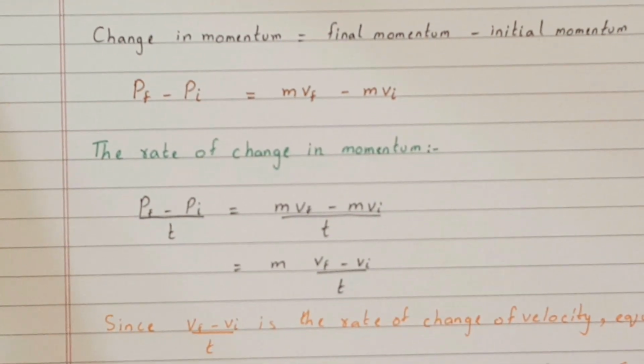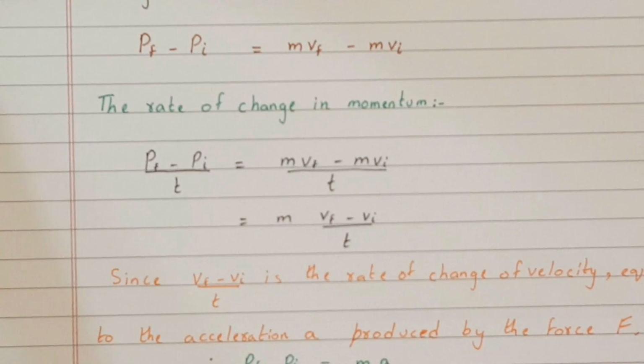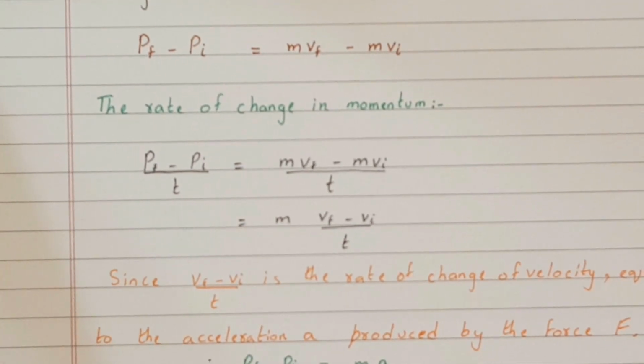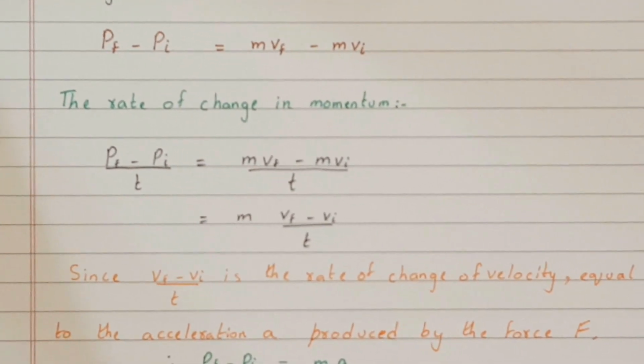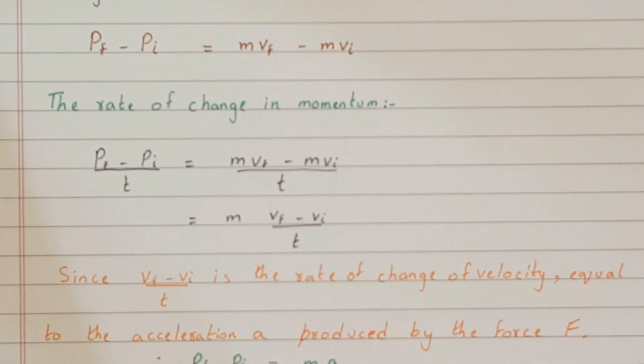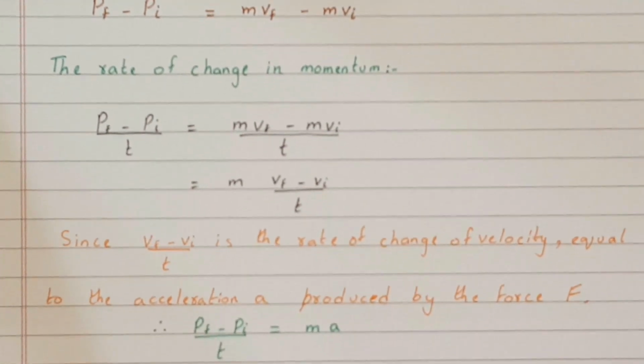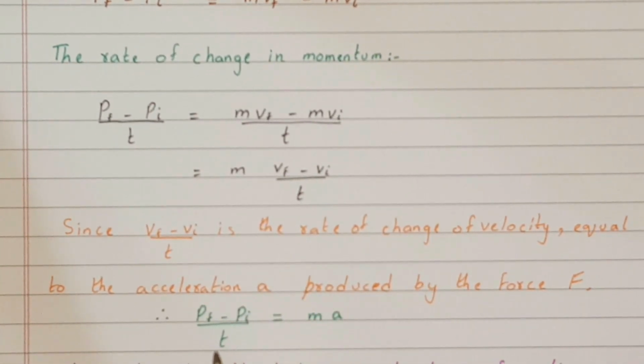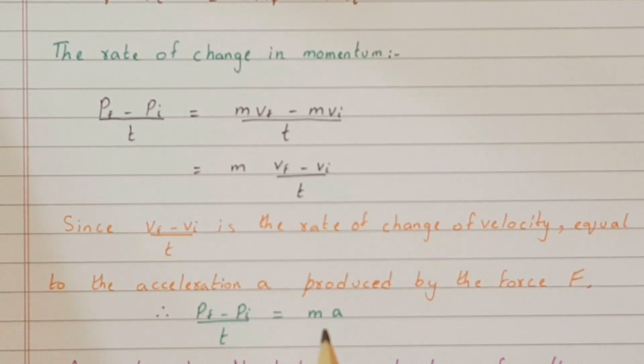So vf minus vi over t is the rate of change of velocity, which equals the acceleration produced by the force F. So we can write Pf minus Pi over t equals ma, where a is the acceleration produced by the force F.